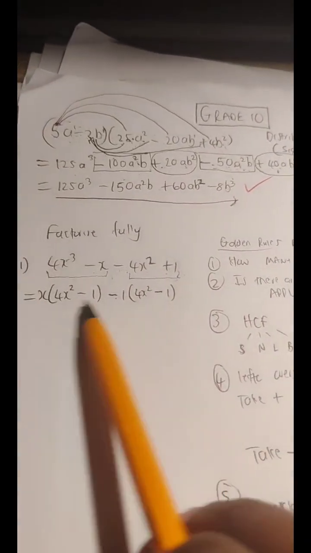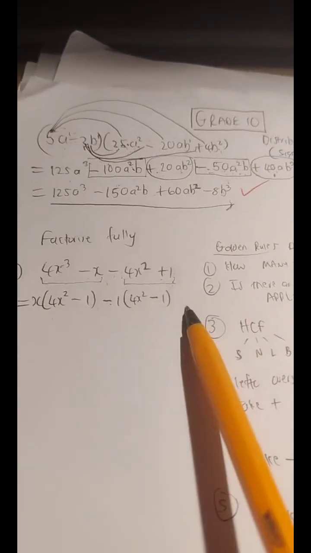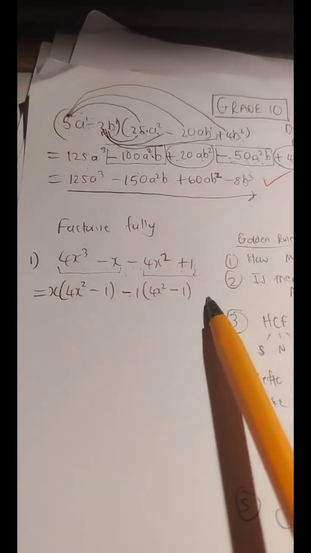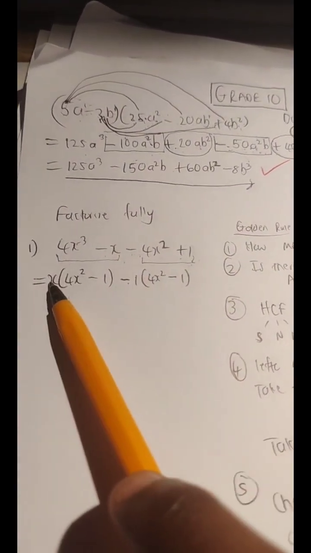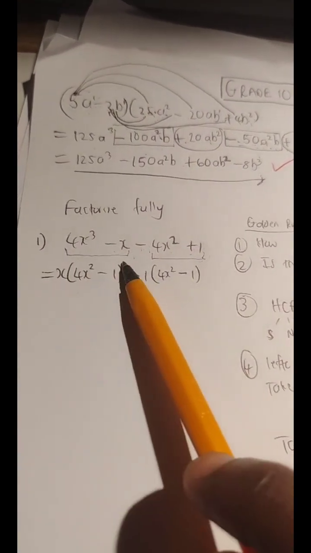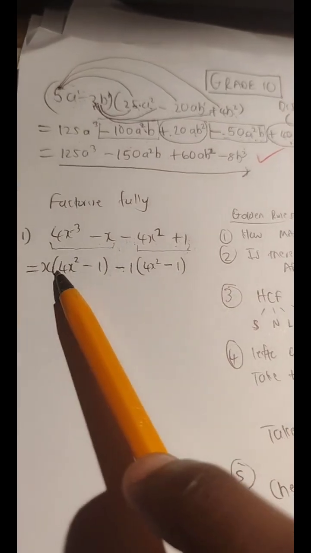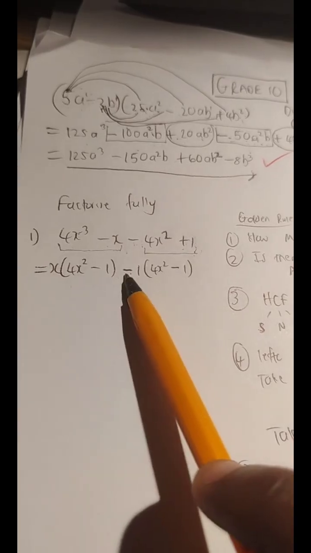And as you ask yourself how many terms do you now have, is there a need to apply the sign change rule with these terms? Not even. Guys, there is 2 terms. x into the bracket makes this 1. Remember, bracket means 4x squared minus 1 is 1 term. But the brackets mean multiply, and multiplication only further combines terms.